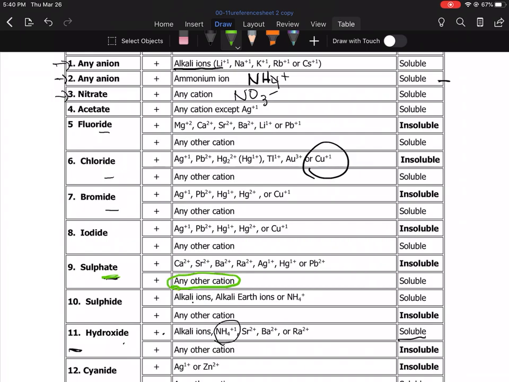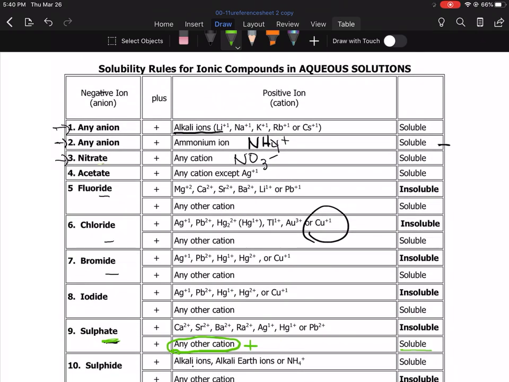Many of them have this row where it's any other cation. A cation means positive. So anything else that's positive is going to be soluble. Again, our reactant has to be soluble. Now we've proved it. Then we go to nitrate, and anything is soluble.